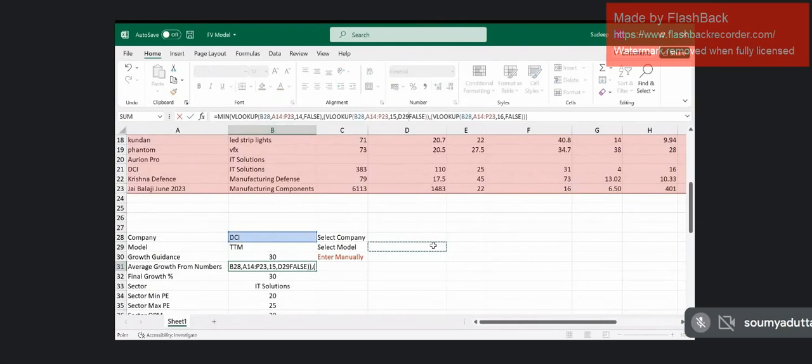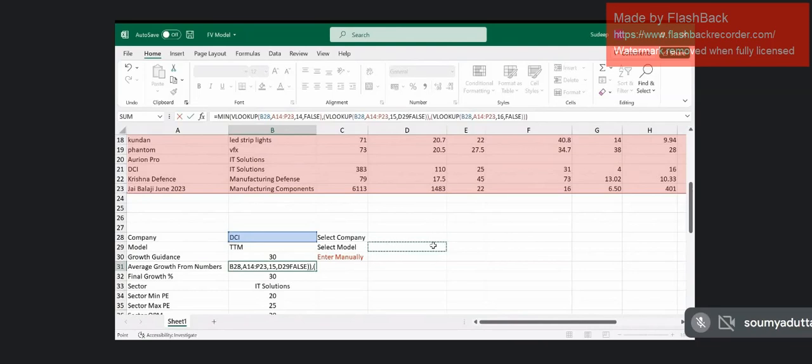Let's see. It is just in the model stage. If it launches, I think there is no other competitor which looks at predicting micro caps and small caps. I don't see any competition.